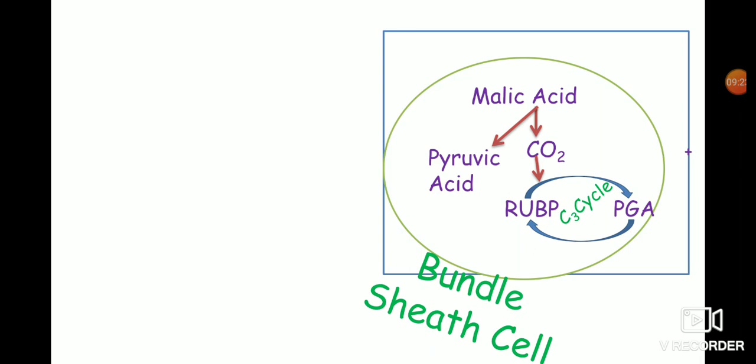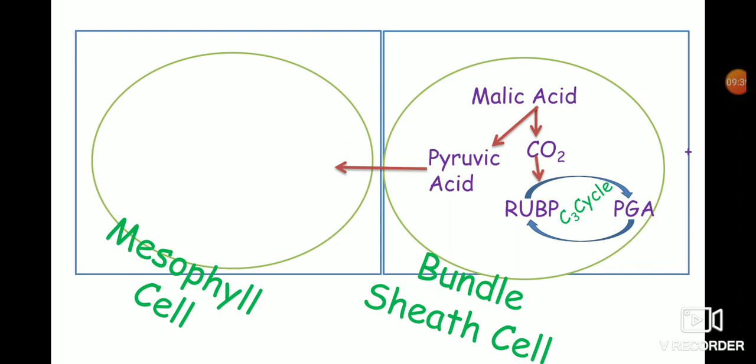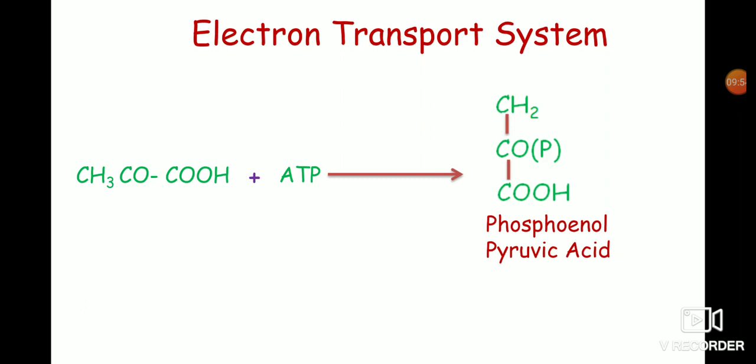This condition favors the carboxylase activity of Rubisco, thereby carbon dioxide gets fixed. The pyruvic acid formed in the bundle sheath cell is transported to the mesophyll chloroplast, and in the presence of ATP it is converted to phosphoenol pyruvic acid.